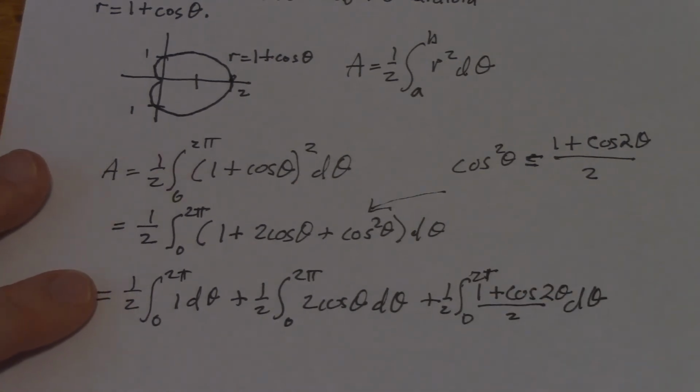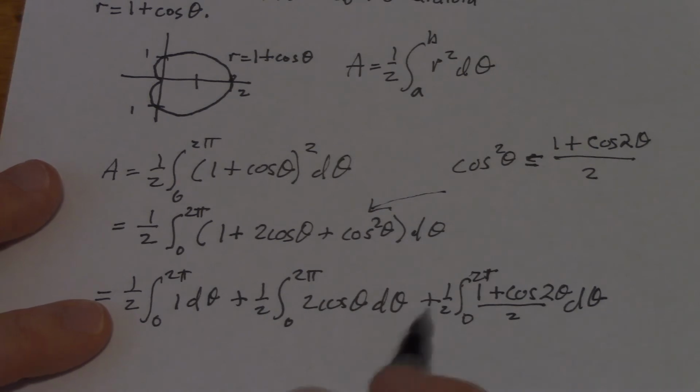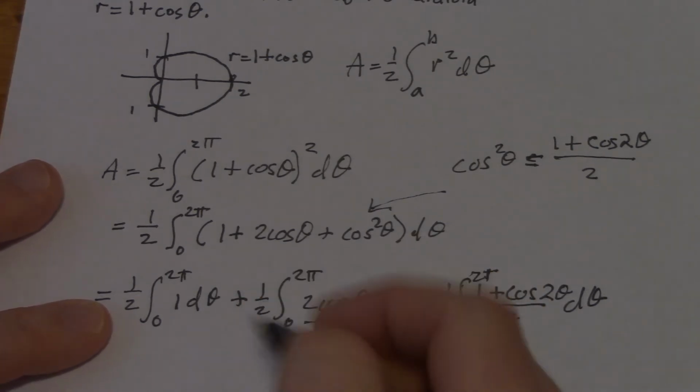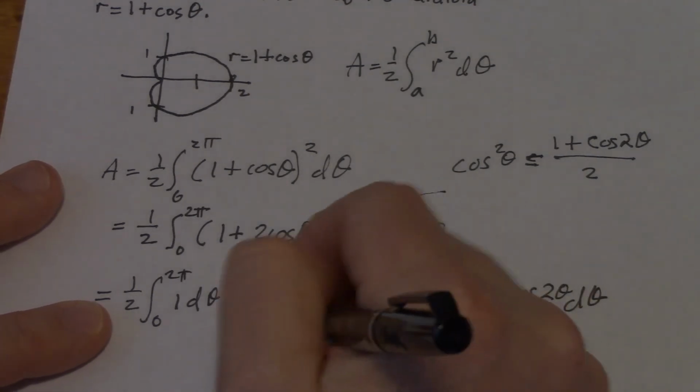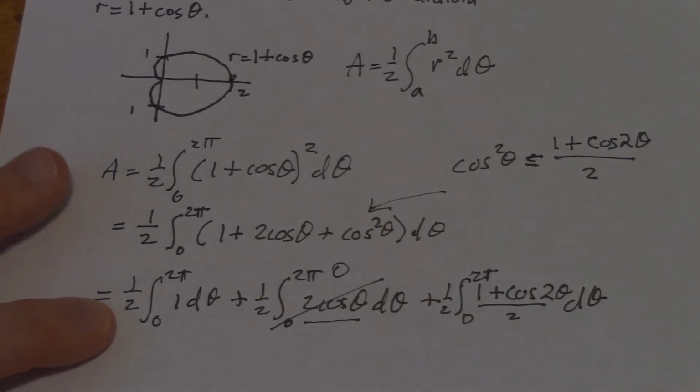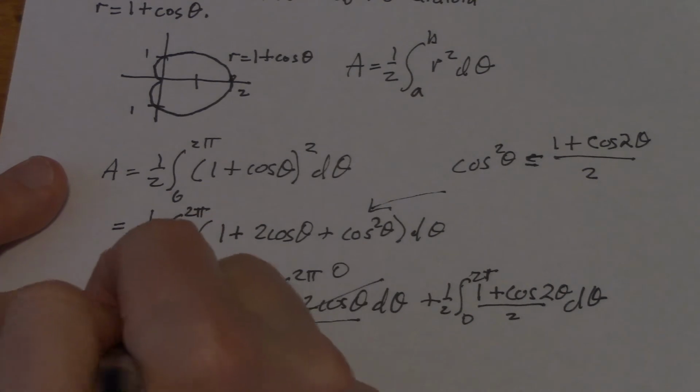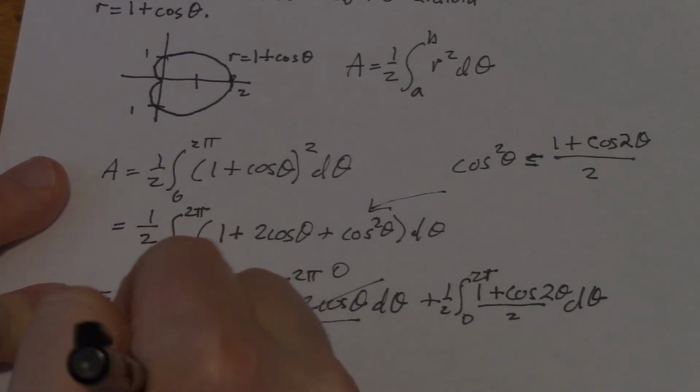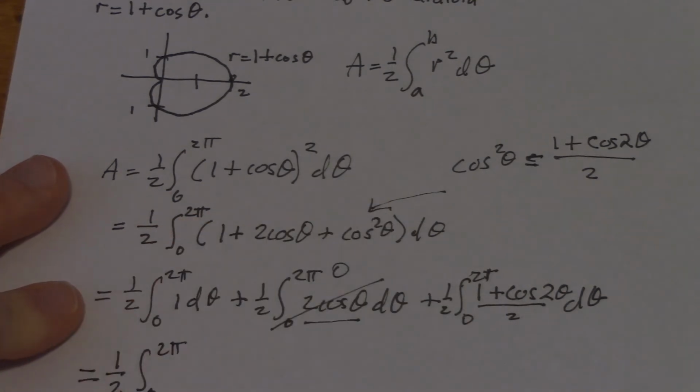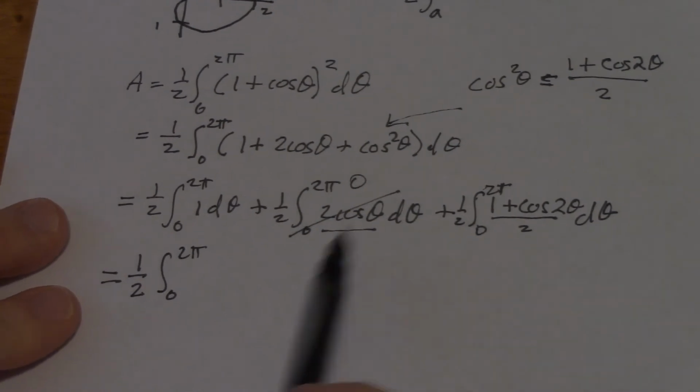Alright, well that looks really complicated, but what's the period of cosine? It's 2 pi. That's integral from 0 to 2 pi, so that is going to be 0.